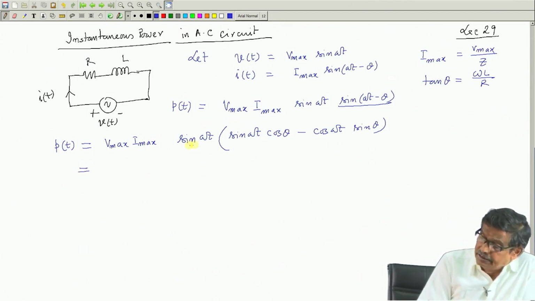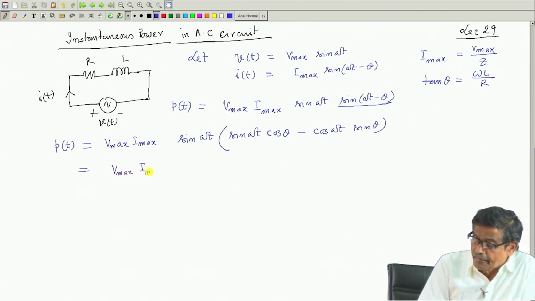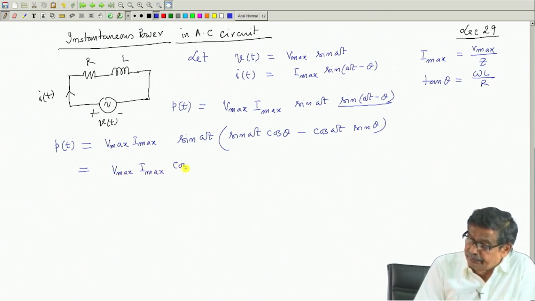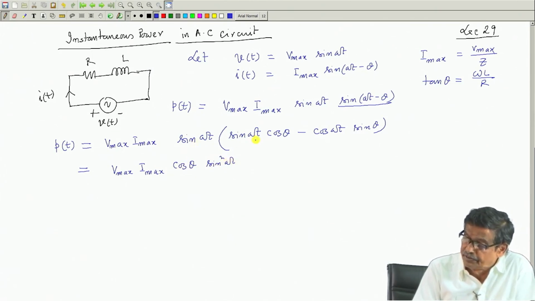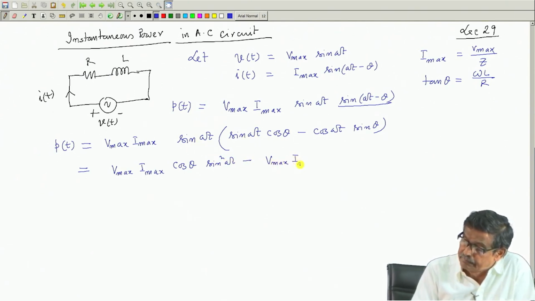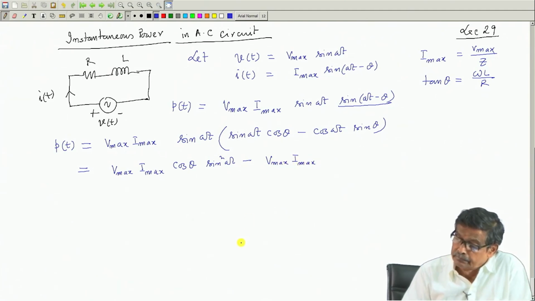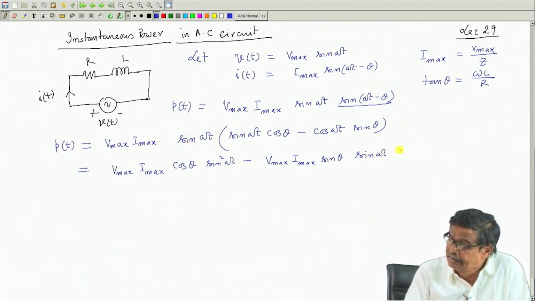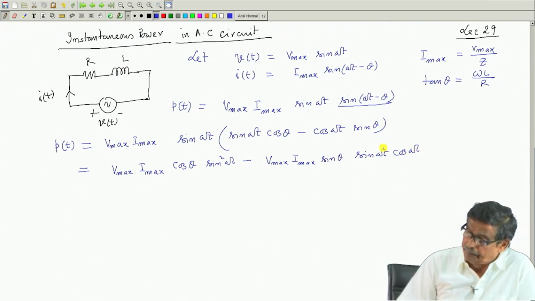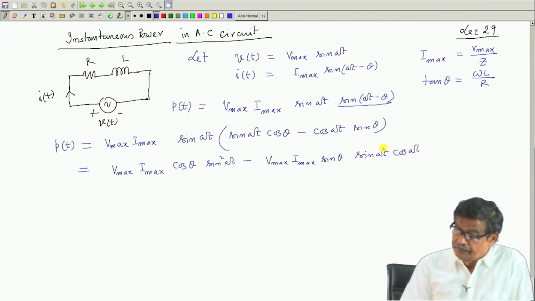Then you break this up in this fashion: V max I max cos theta into sin square omega t, this first term, minus V max I max sin theta and then sin omega t cos omega t. This way I can write, is it not? Fine.